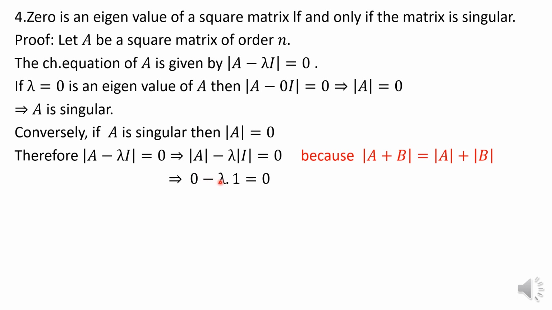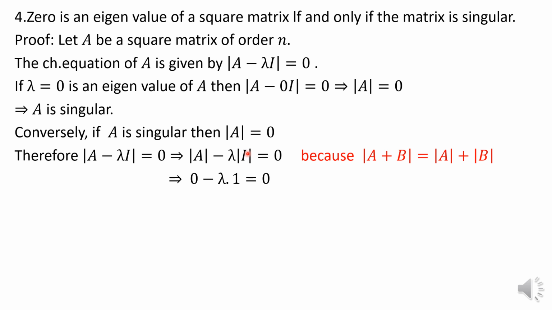Minus lambda into what is the determinant of the identity matrix? You remember, if I is an identity matrix of any order, of order 2, of order 3, of order 4, whatever the order, its determinant value is always equal to 1.